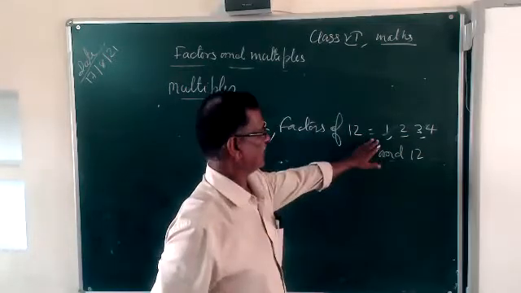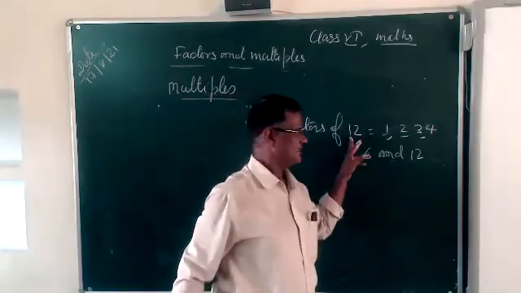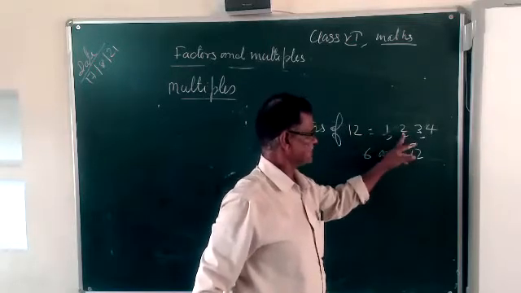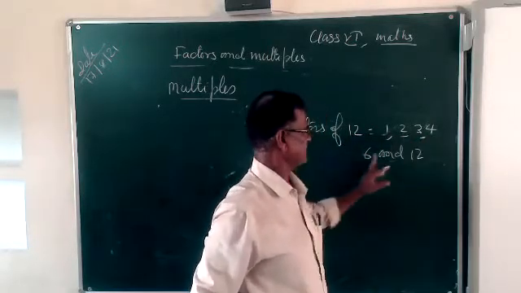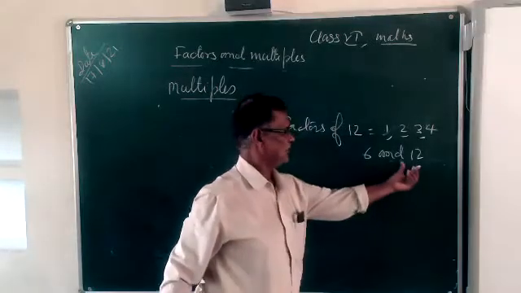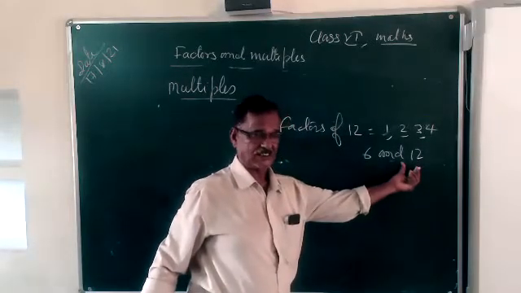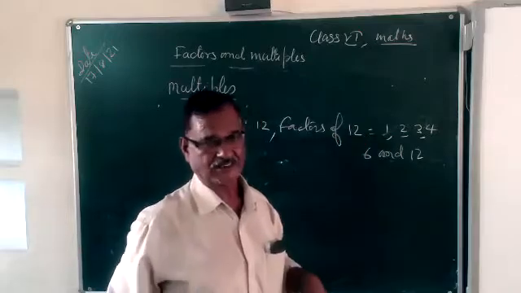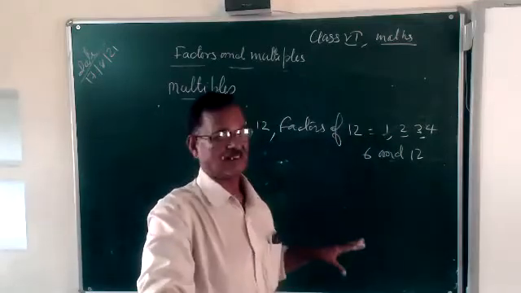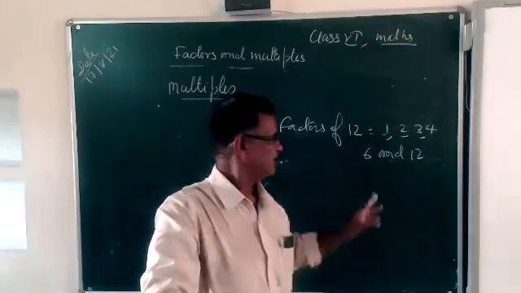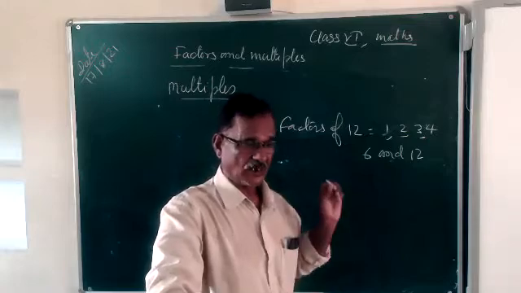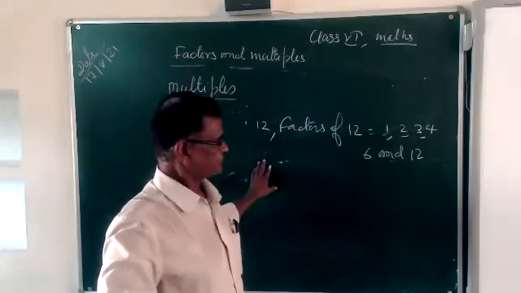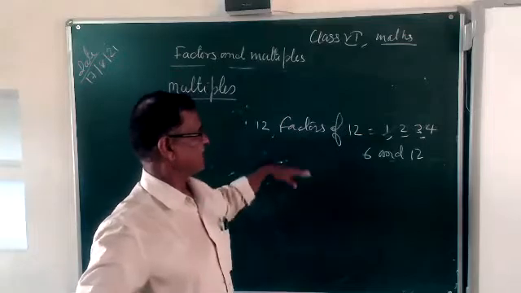So every factor is either equal to the number itself or less than it. 1 is less, 2 is less, 3 is less, 4 is less, 6 is less than 12, and only the number itself is equal to the given number. So these are some properties of the factors.